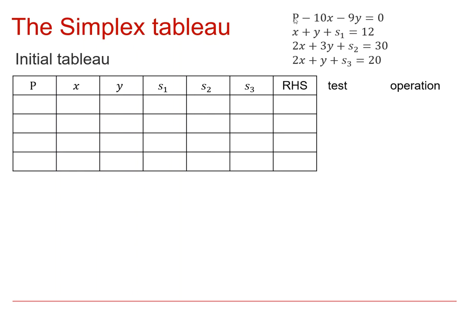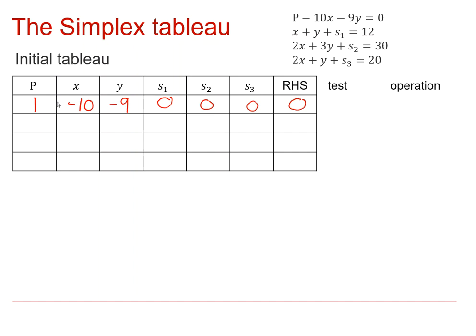So for this top equation here, the coefficient of p is 1, so I record a 1 there. Coefficient of x is minus 10. Coefficient of y is minus 9. The slack variables don't appear in this equation, so they effectively have coefficients of 0. And on the right hand side we have 0 there.